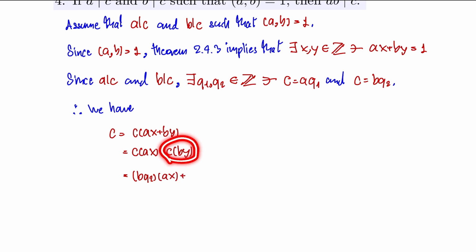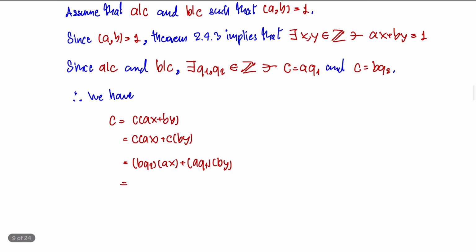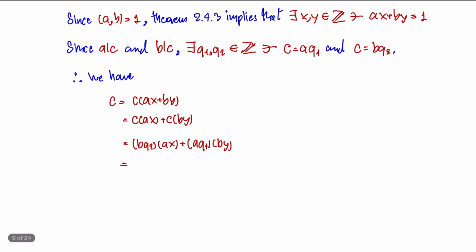For this term, we need to have a, so we use c equals aq1. So we have aq1 times by. We try to have ba as a factor. So we have ba q2x, and here we have ab q1y.